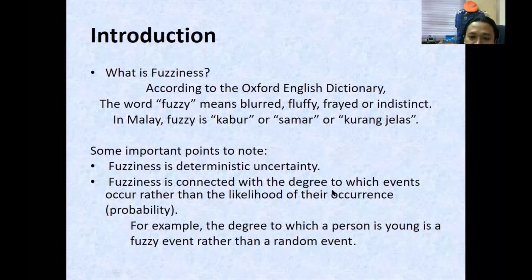How do we set the range for young? Everybody has their own perception of the definition of young. For example, for me, young maybe I can set from 18 to 30. Maybe you can set it as 20 to 30, up to you.